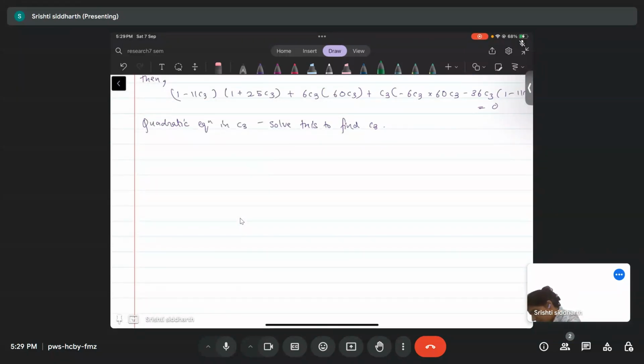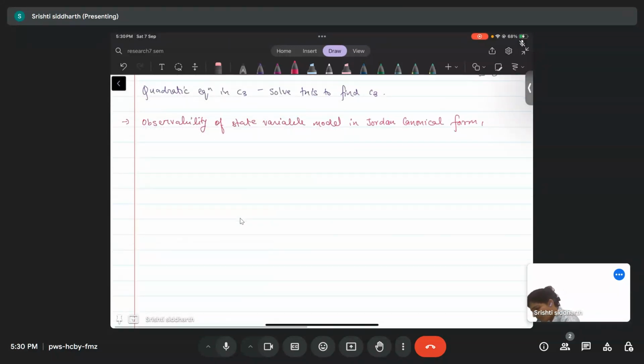we have this other topic which we were just discussing: observability of state variable model in Jordan canonical form. Let's recall the theorem.